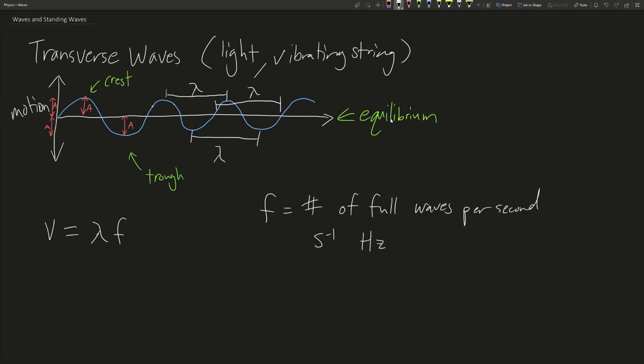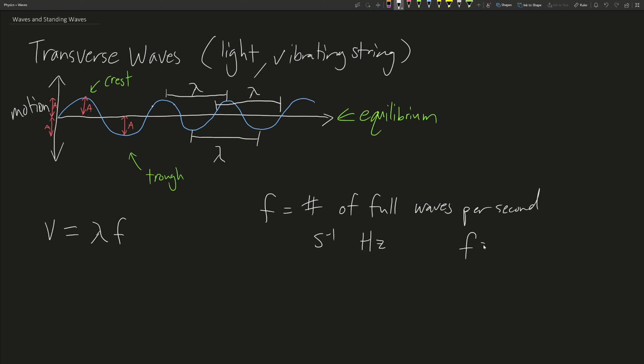And so this is the number of waves that happen per second. So if you have a wave that oscillates one time per second, that is going to be equal to a frequency of 1. And if you have a wave that oscillates twice per second, that's a frequency of 2. And if you have a wave that takes 2 seconds for a full oscillation, then that is going to be equal to a frequency of 1/2.